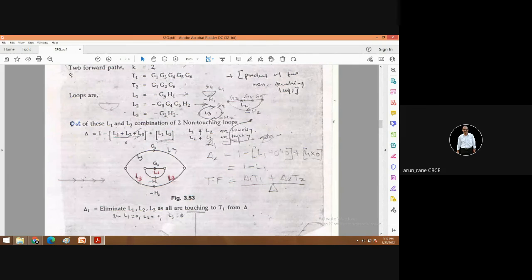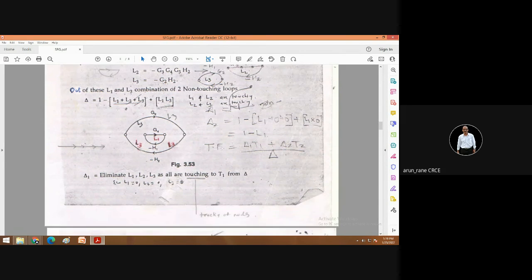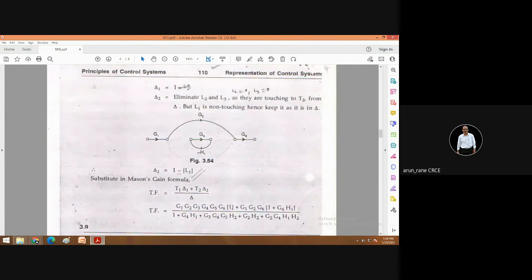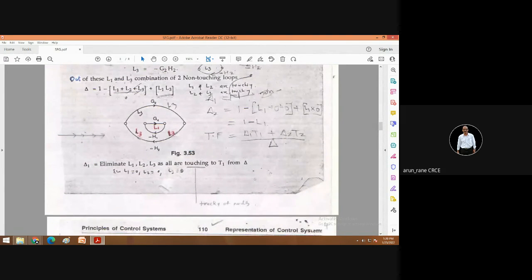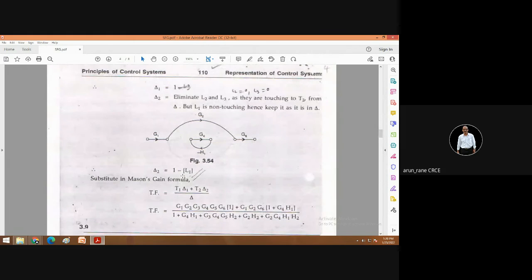So L2 is touching the second forward path, and L3 is also touching the second forward path. So the values of L2 and L3 will be 0. L2 is equal to 0, L3 is equal to 0. Now substitute. So 1 minus L2, L3 are 0, L1, and here L3 is 0, so this also will become 0. So that means you will have 1 minus L1.